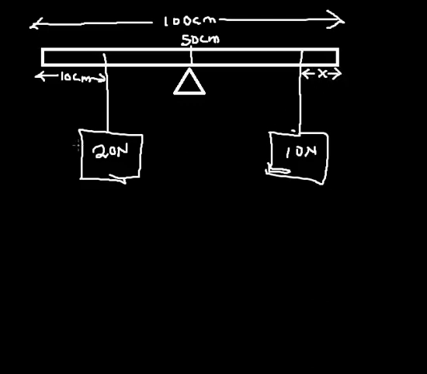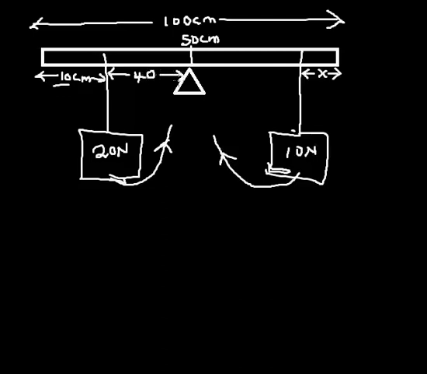Now you know very well that with what I've set up, this 10 Newton will produce clockwise moment, and the 20 Newton produces anti-clockwise moment. And of course, for moment we always need the distance from that particular force to the pivot. The distance from 10 cm to the center, 50 cm, will be 40 cm.